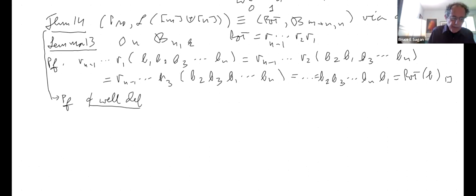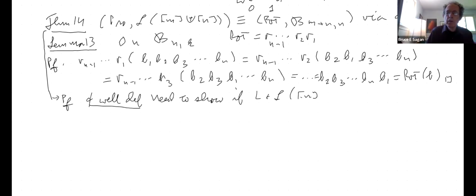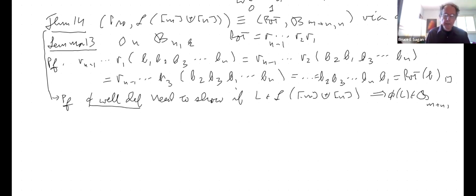I mean we need to show that if we start with some linear extension and apply phi to it, then phi of that linear extension is going to end up where it should be, namely a bit string with m plus n bits, n of which are equal to 1.